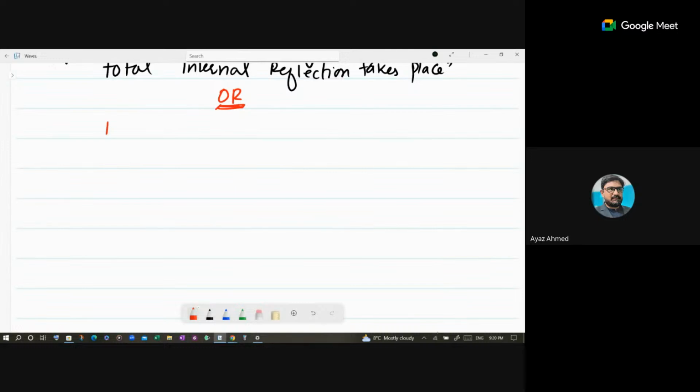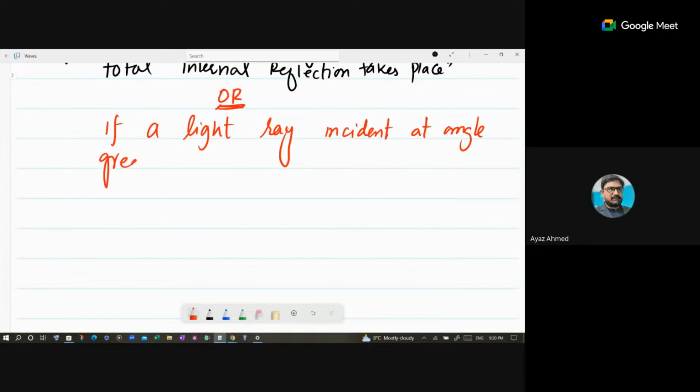So if a light ray is incident at an angle greater than the critical angle, then what will happen?